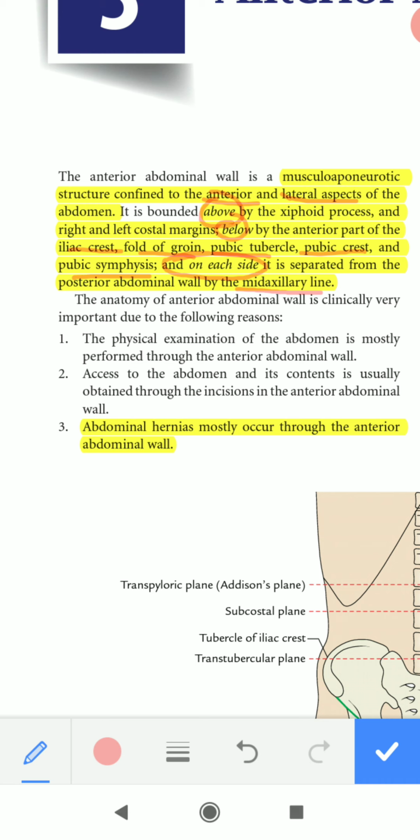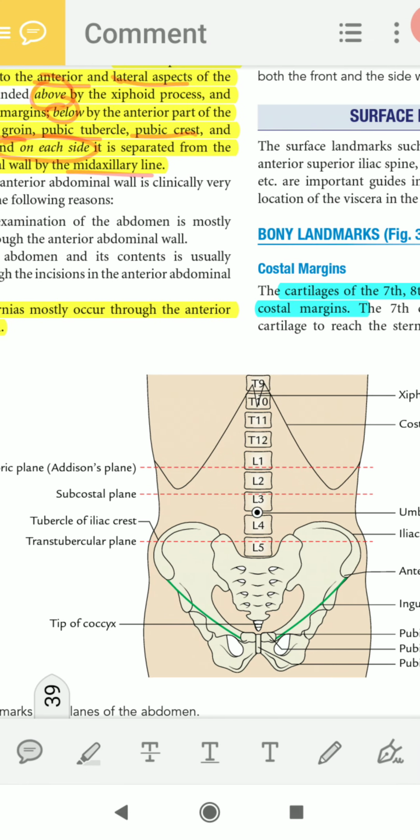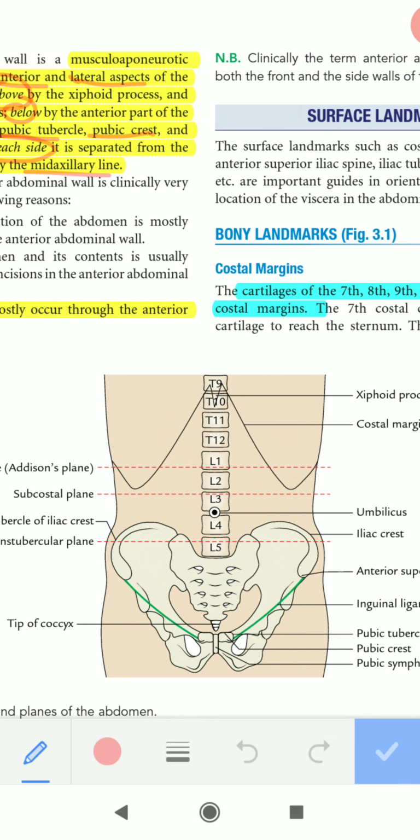Okay, so let's see the boundary of the anterior abdominal wall. So this is the anterior abdominal wall. Look at that. Above it is bounded by the xiphoid process, right costal margin, left costal margin, and below it is formed by the anterior superior iliac spine, inguinal ligament. This is the pubic tubercle, pubic crest, and symphysis pubis in the midline.